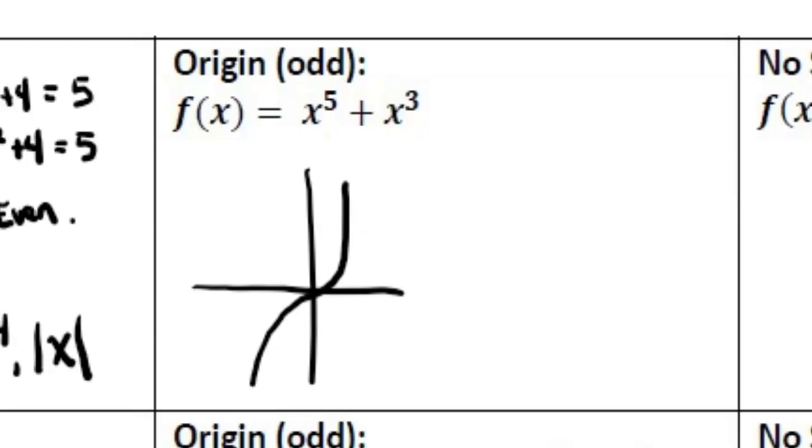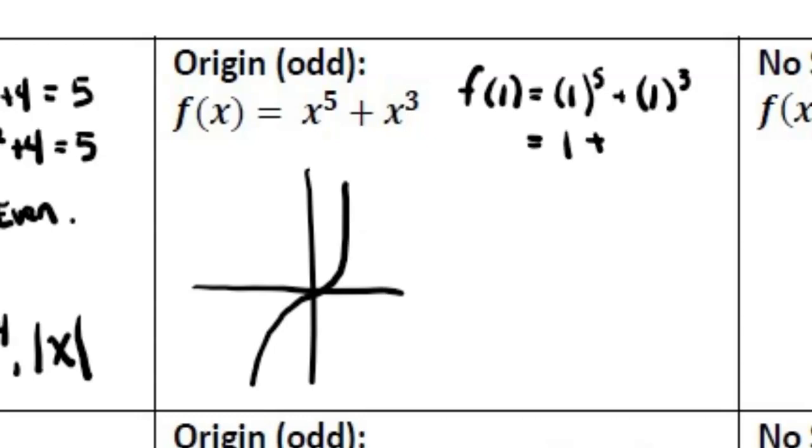And if we put in f of 1, we get 1 to the 5th power plus 1 to the 3rd power. 1 to the 5th power is 1. 1 to the 3rd power, 1 times 1 times 1, is also 1. So this equals 2. And so we have the point 1, comma 2.